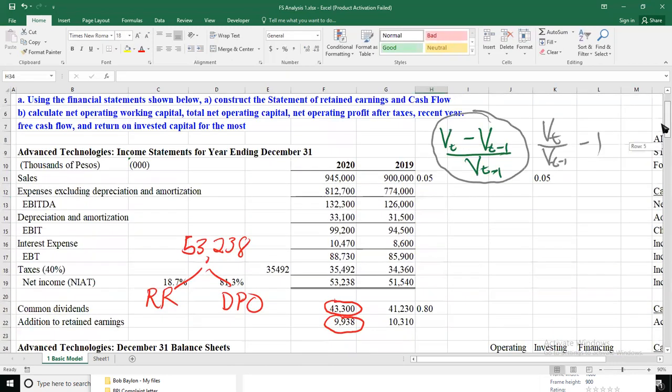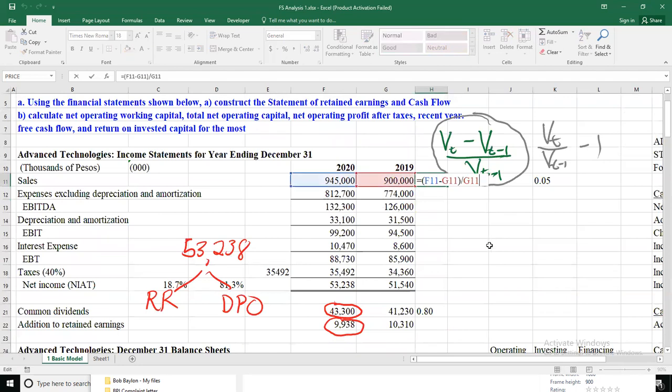Pakita ko ulit just to recapitulate. It's a lot easier kasi ito magpaparenthesis ka pa, no? Mamali tayo, guys, pag hindi tayo nagparenthesis. If I remove this, ang mangyayari niyan, magdi-divide muna siya ng G11 over G11, which is not what we want. Gusto muna natin i-subtract.